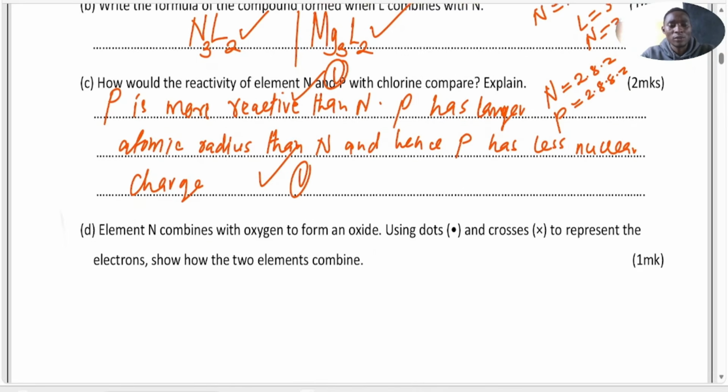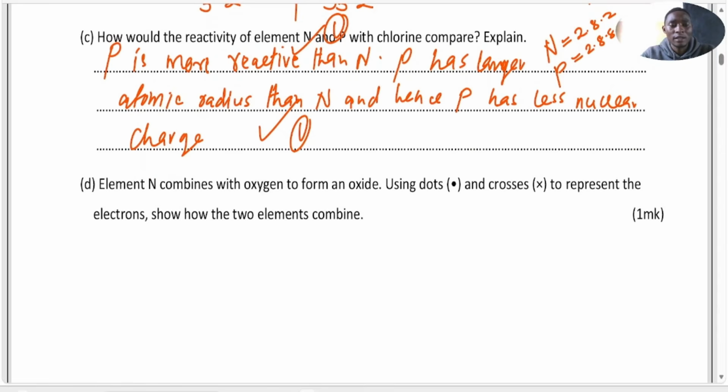Moving to the next question, element N combines with oxygen to form an oxide. Using dots and crosses to represent the electrons, show how the 2 elements combine. You need to understand that N is again the magnesium that we talked about earlier on.